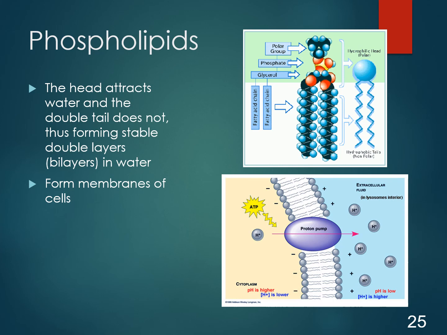So if you think about a cell, outside the cell is surrounded by water, and inside the cell is surrounded by water. So these phospholipids arrange themselves where their heads are positioned towards the inside of the cell and towards the outside of the cell, making this double layer or bilayer that we call it, and their tails are on the inside.